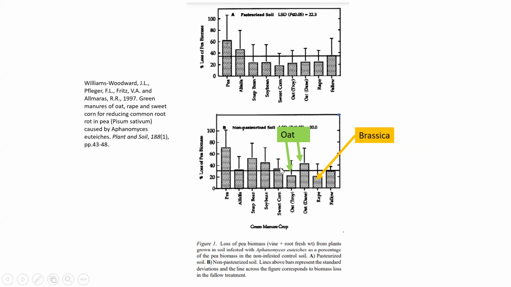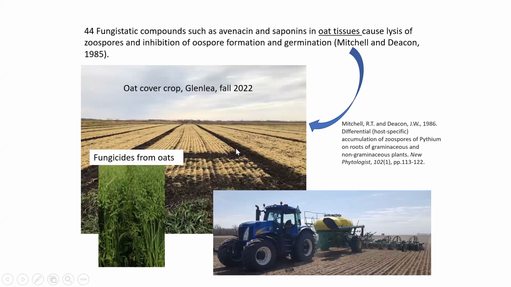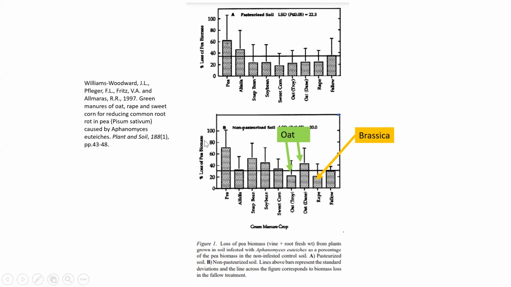Aphanomyces is a root fungus which limits pea production in wetter areas of Canada, including Manitoba. And so here we're growing an oat cover crop at our Glenley Research Station. And one of the reasons we're growing it is to reduce the root rot of next year's pea crop.